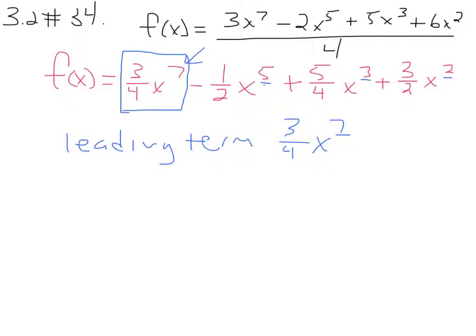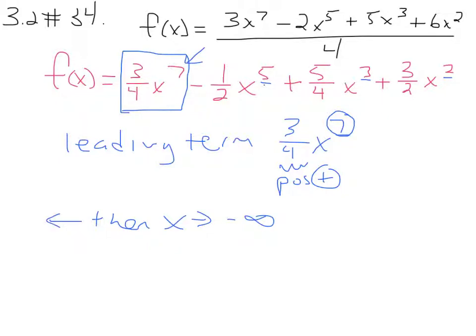Now, our leading term rule here is that if our power is odd and our coefficient is positive, then as x goes to negative infinity, as x gets arbitrarily large on the left, our function also goes to negative infinity.